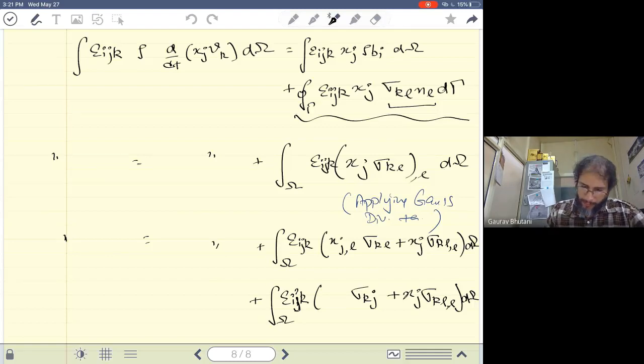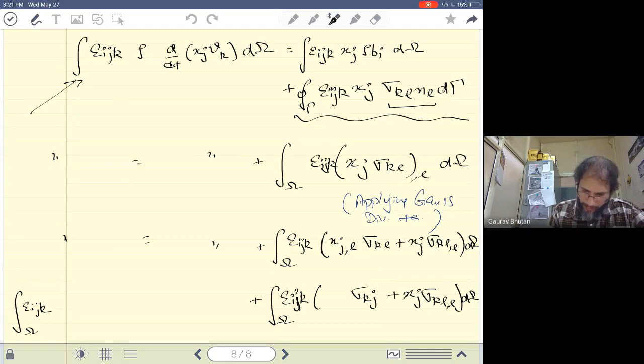All right. Now, for the left hand side, the first term, this is integral over omega epsilon ijk. I'm talking about this term. We can apply the product rule again.